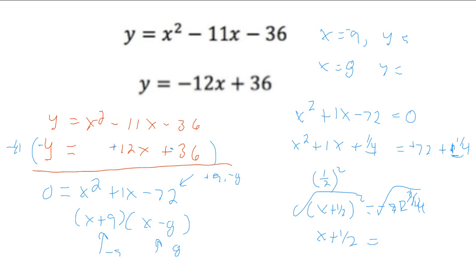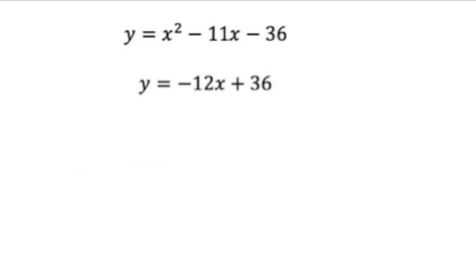And if you use the quadratic formula, same thing. You're probably not going to get a really nice answer. Oops, now I forgot what I had. What was it? x squared plus 1x minus 72? Is that right? Yeah. And then if I use the quadratic formula, a is equal to 1, b is equal to 1, c is equal to negative 72.